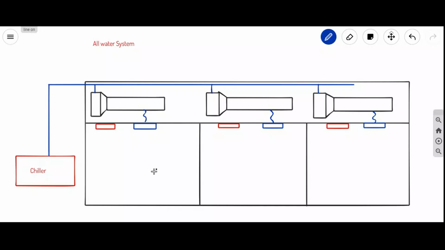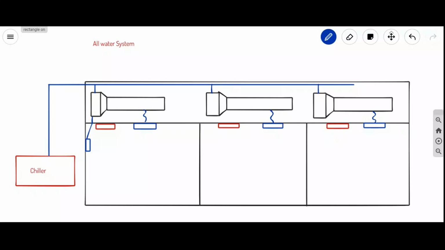From here we connect a thermostat. Whenever we switch on, this machine runs, and you can supply them.